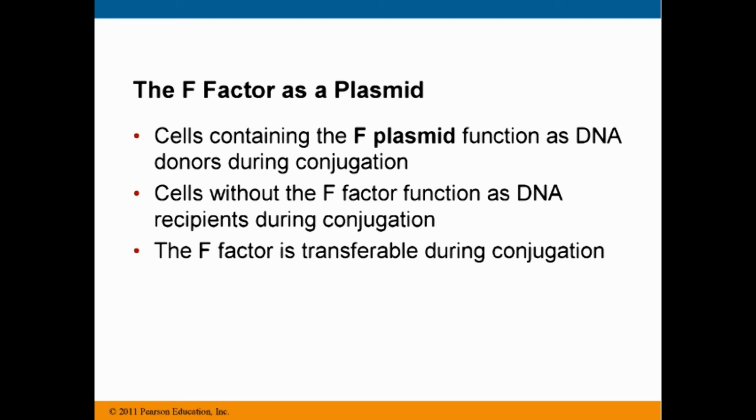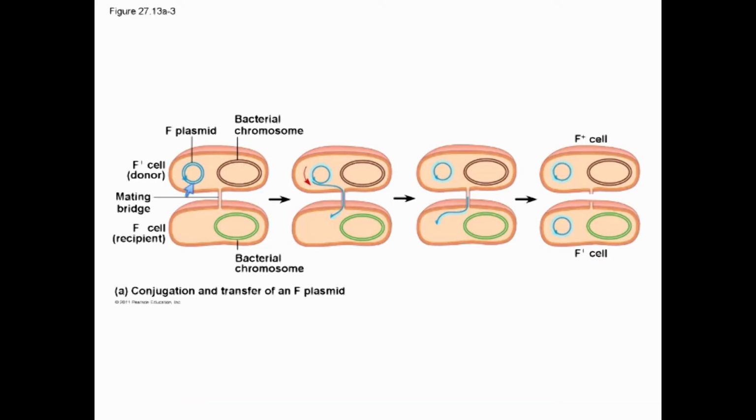So we've got a figure for this. So here we've got the F plasmid. Here we have the bacterial chromosome. Down here we have the recipient cell. Okay, so this F plasmid can make a copy of itself and take that copy and run it through the sex pilus into the recipient cell and reform itself.